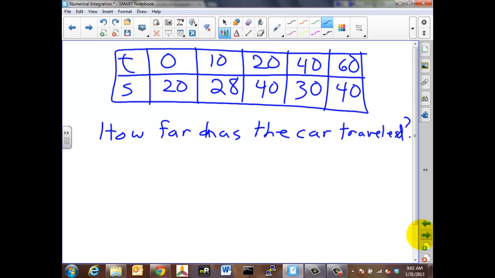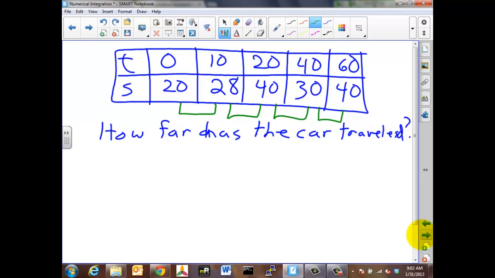We're integrating. These are our x's up here. These are our y's down here. Okay? Now, our x's. Is the interval the same all the time? No. It's not. Okay? So then, we've got 4 intervals here, I think. 1, 2, 3, 4.